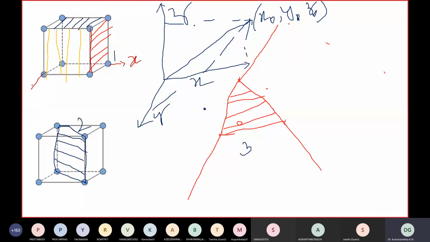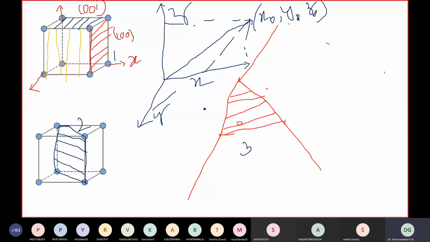This is 010 plane. This is z-axis. So this is 001 plane. So in a cube, any plane which is like this, parallel planes, they are all called 100 plane. You don't need an origin.